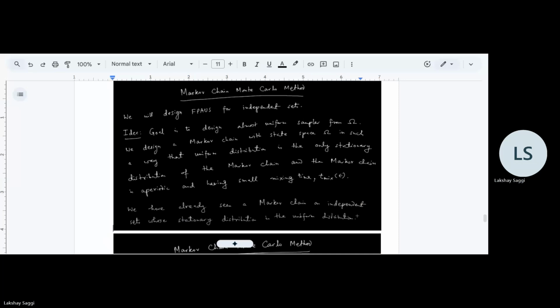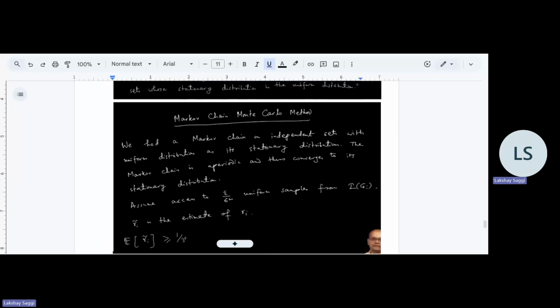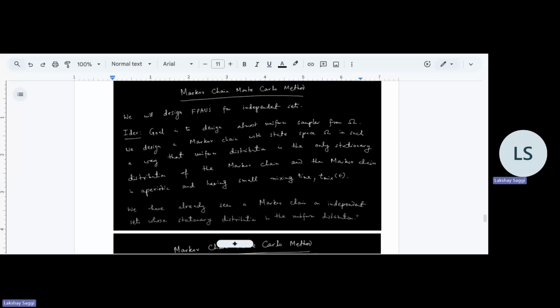In last week's sessions we almost solved this problem, because our goal is to design an almost uniform sampler from omega. We design a Markov chain with state space omega in such a way that the uniform distribution is the only stationary distribution, and the Markov chain is aperiodic and has small mixing time. We have already seen a Markov chain on independent sets in the previous week, whose stationary distribution is indeed the uniform distribution.